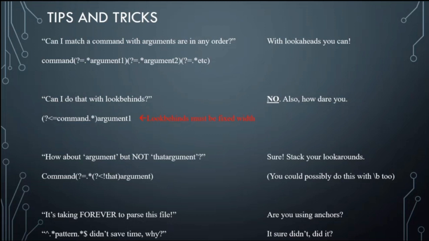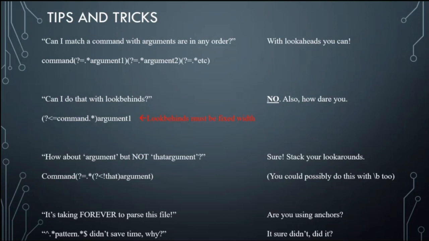So things get really hairy when you have dot star and then some pattern with a lot of OR logic in it, because it's going to go every single character all the way ahead and try to make that match every single time. So you can use anchors, but know that some things aren't going to help. Like if you use an anchor and then dot star, that didn't do anything.